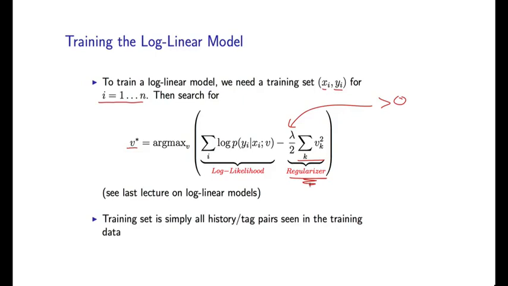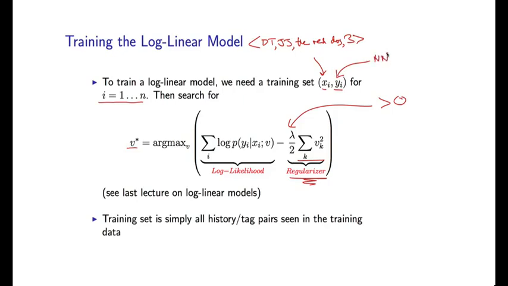So concretely, in log linear taggers, our training set, these (x_i, y_i) pairs, is going to be a set of examples where each x_i consists of a history, for example, DT JJ, the red dog, 3. So remember, a history consists of a pair of tags, the sentence, and the position that is being tagged. And each y_i is going to consist of a part of speech tag.